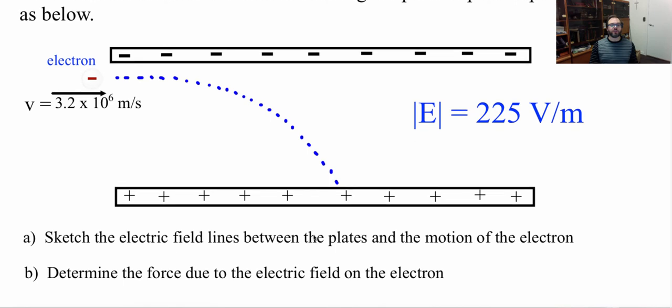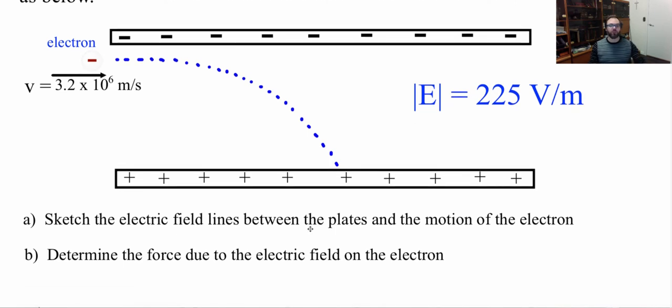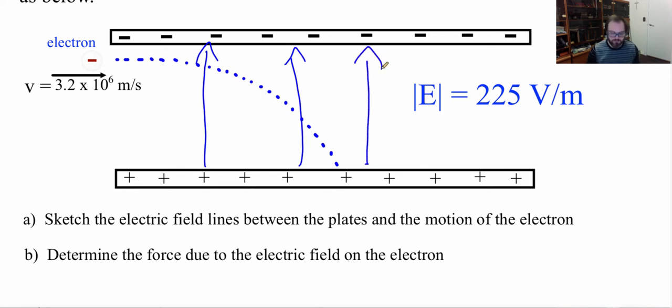So first thing you have to do is sketch the field lines between the parallel plates. So my field lines are always going to go from a positive to a negative. So they're just going to go like this here. These are going to be my field lines.